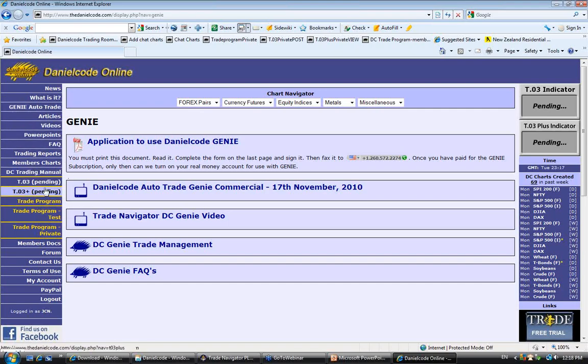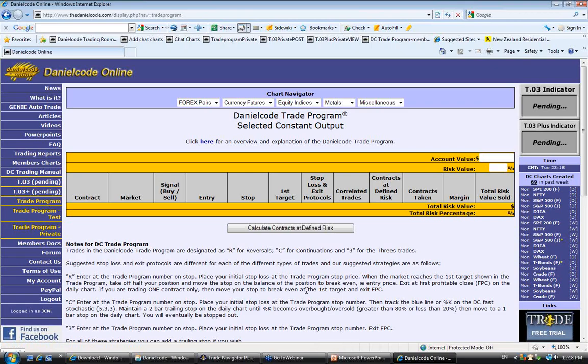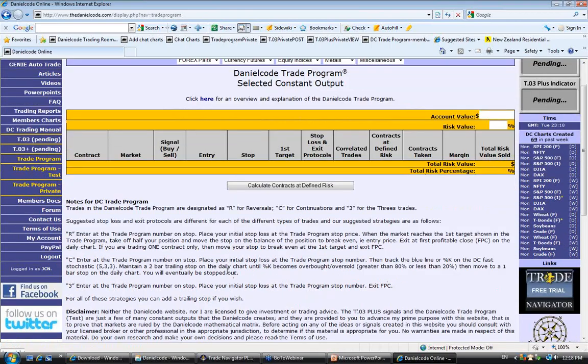And for others of you, if you look at the trade program, just click on the link that says trade program, and if you look underneath where it says the green and the colored bars there, you can see it now. If you look underneath, it says notes for the DC trade program. And in there it tells you the protocols for each of these trades, and it also tells you what the GENIE runs on in here.